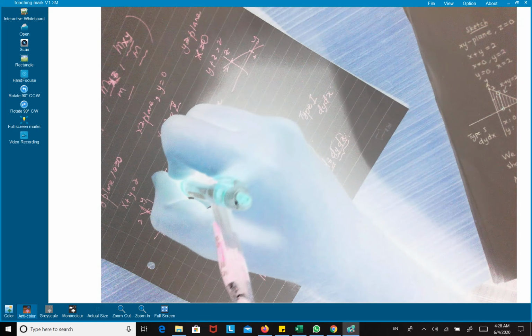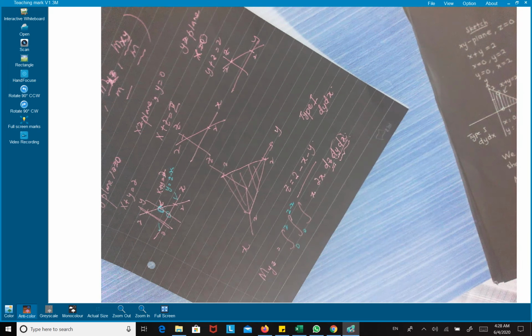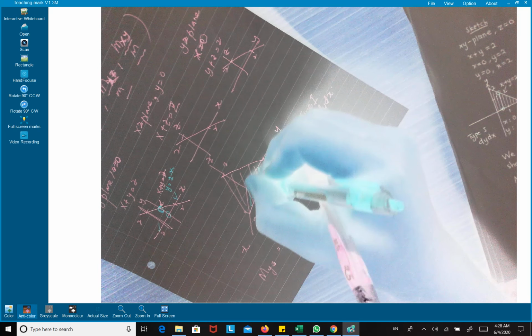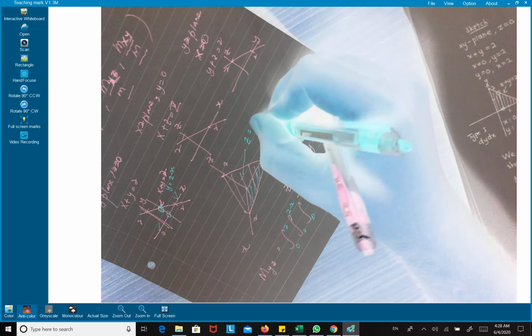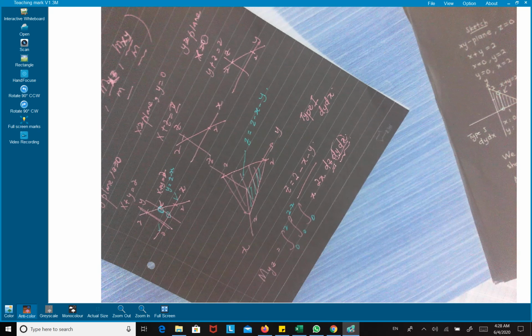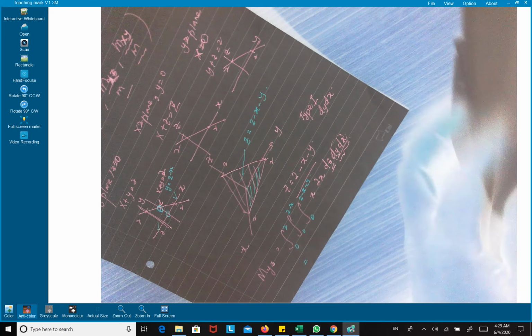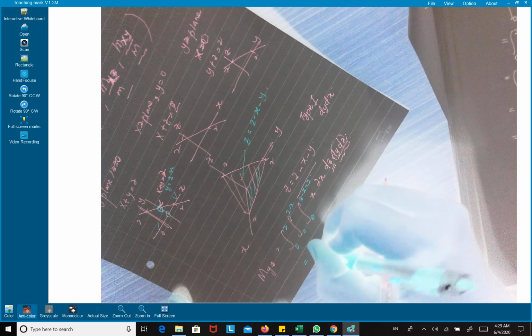So this is y equals to 2 minus x. And then your z, for sure, is from 0 to the surface, z equals to 2 minus x minus y. If you integrate this, you will get 16 over 15.